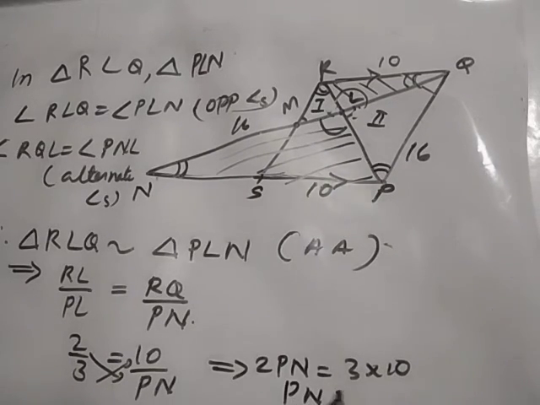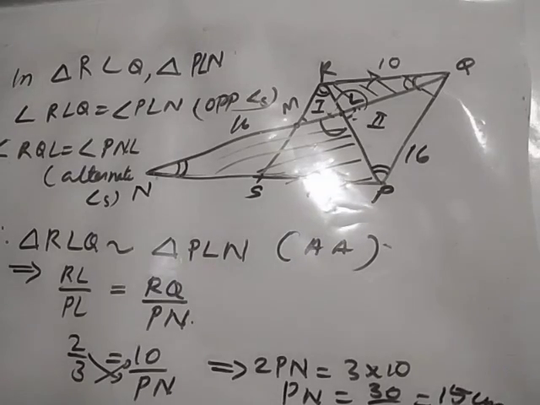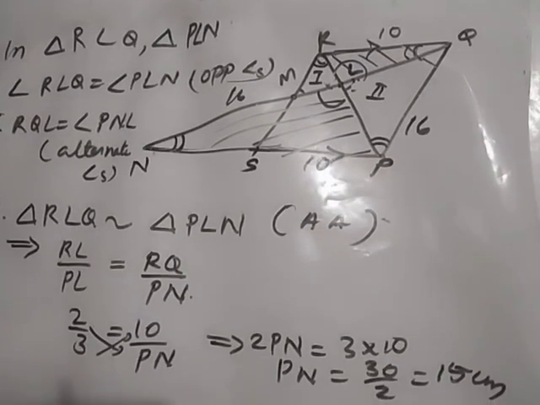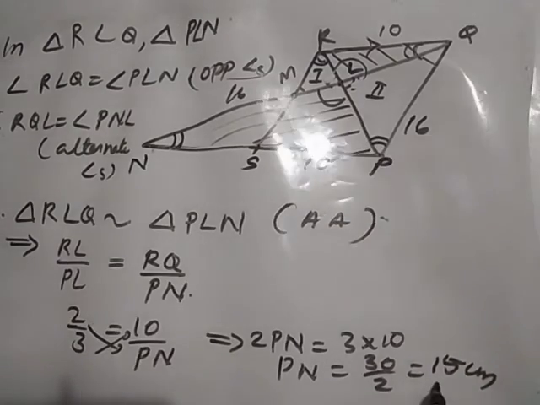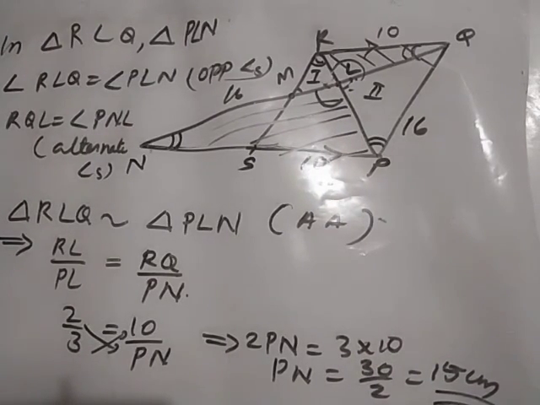PN equal 30 by 2, 15 centimeter. Understood this? So we consider two pairs of similar triangles and find out the required lengths. Okay.